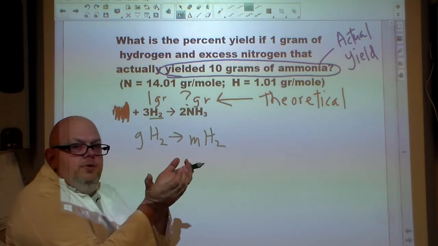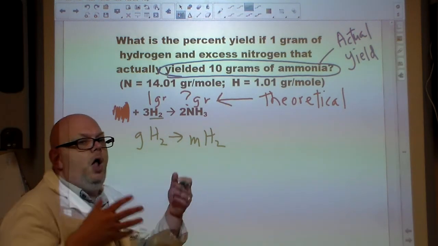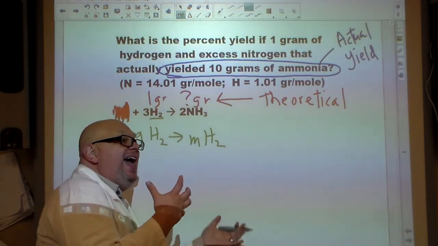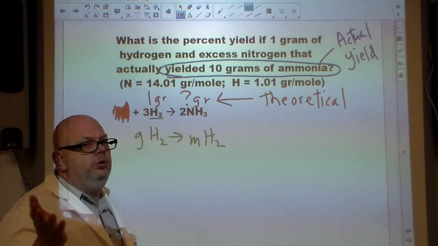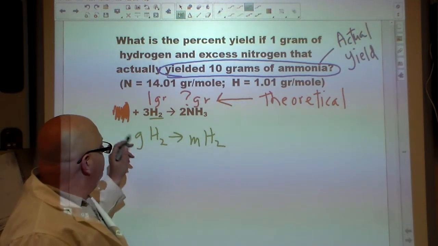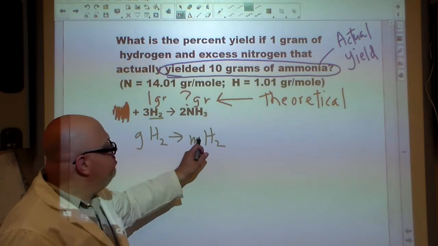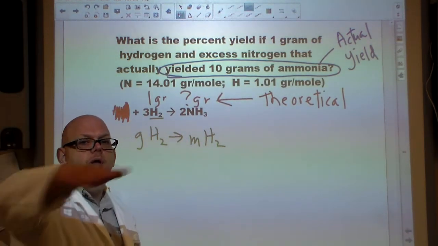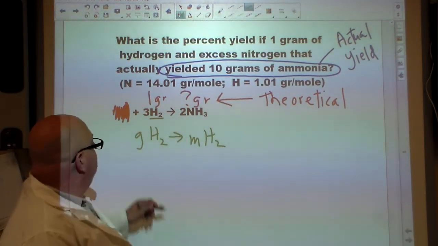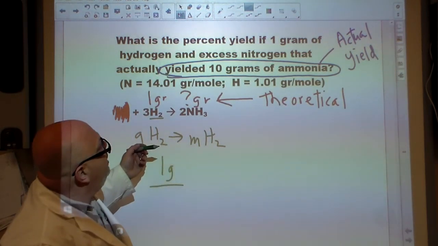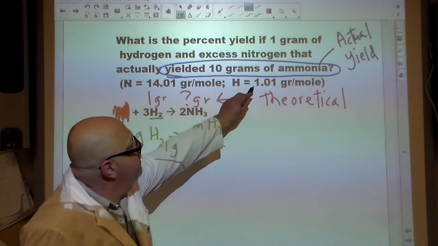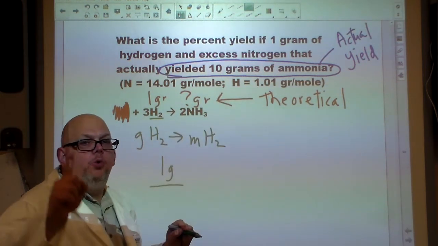So it's like taking, here's this weight of hydrogen, how many hydrogen molecules do I actually have? And remember, a mole is such a giant number. So we go from grams to moles, we are going to need to divide. Absolutely. So 1 gram divided by, well, in this case, we're assuming 1.01 gram for 1 hydrogen.